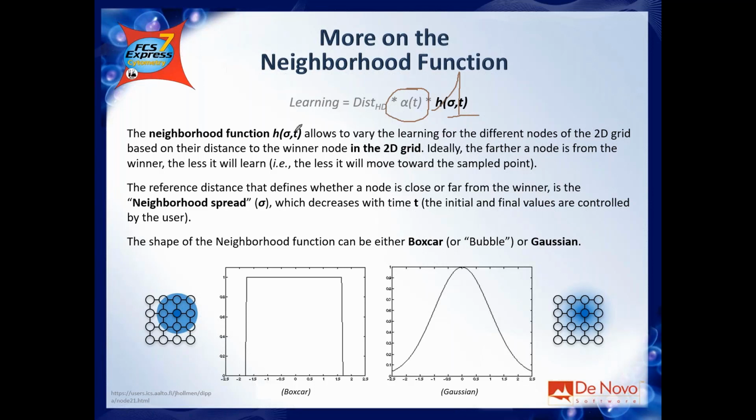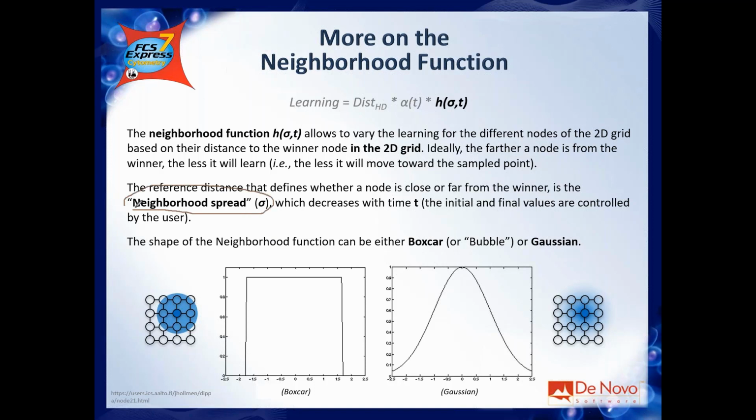Now, let's see what the main point of the neighborhood function is. You need to define a way in which you say, okay, all the nodes in my neighborhood, the nodes that are close to my winner, will move in a certain way. All the others will move less, or they will not move at all. You need to define a sort of boundary, the definition of neighborhood.